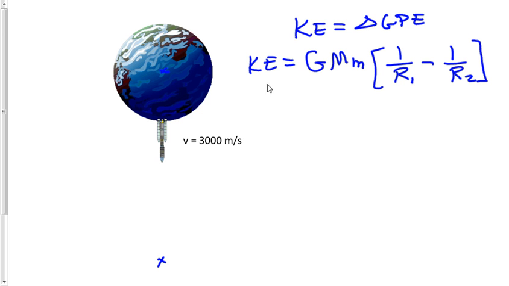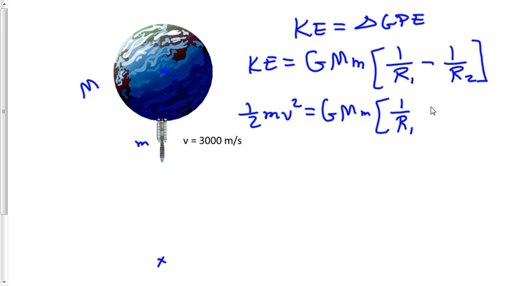Now let's put in the equation 1/2 mv squared for the kinetic energy. Of course, little m stands for the mass of the rocket, and the capital M is for the mass of the Earth. That'll equal G, big M, little m, multiplied by 1 over R1 minus 1 over R2. And the masses will cross off.